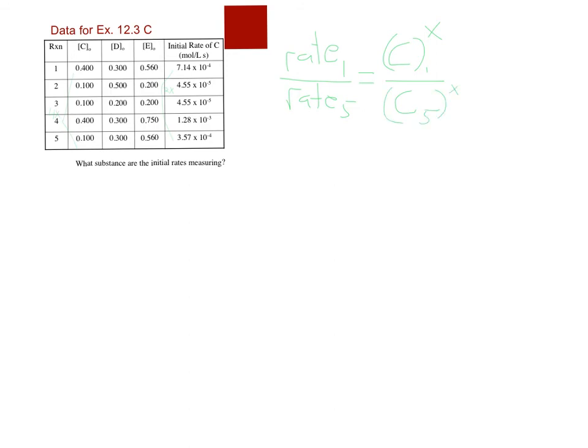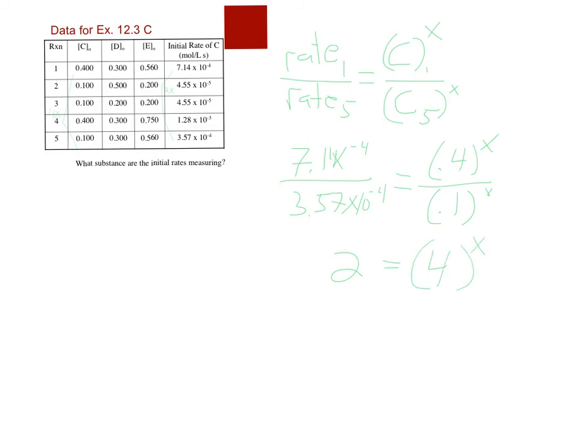So the rate in trial 1 is 7.14 times 10 to the negative 4th over 3.57 times 10 to the negative 4th. And then the concentration of C is 0.4 to the x over 0.1 to the x in trial 5. So here we've got 2 equals 4 to the x power.